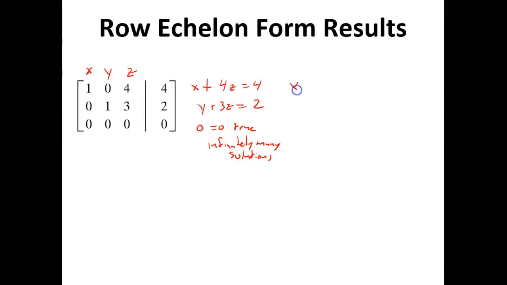They're going to be of the form x is equal to -4z plus 4, solving for the x, and y is equal to -3z plus 2. The infinitely many solutions are going to be in this form. So depending on what we pick, z determines x and it determines y, based off of these equations right up there.